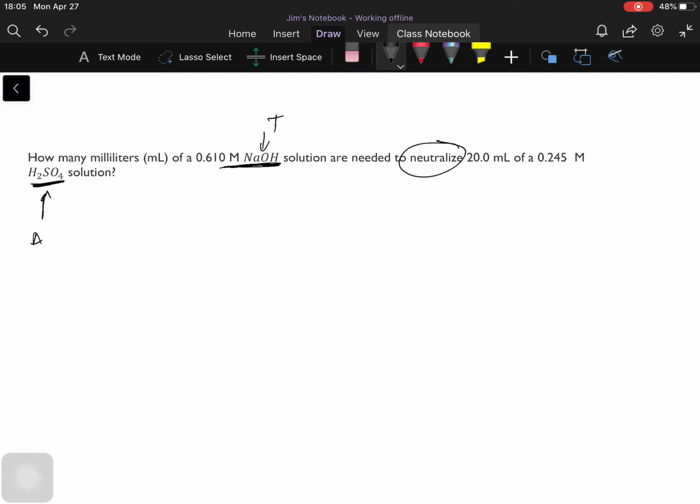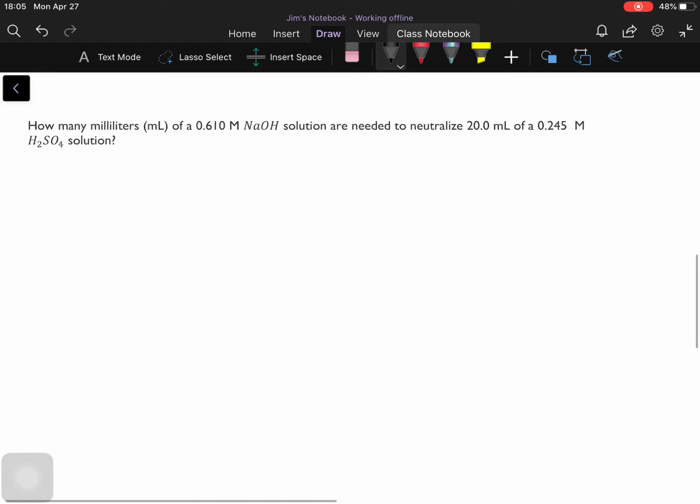If your problem tells you that you add this substance into the other substance, the substance being added to the other substance is the titrant. So in this case, that's sodium hydroxide. So anyway, let's go and establish the equation.